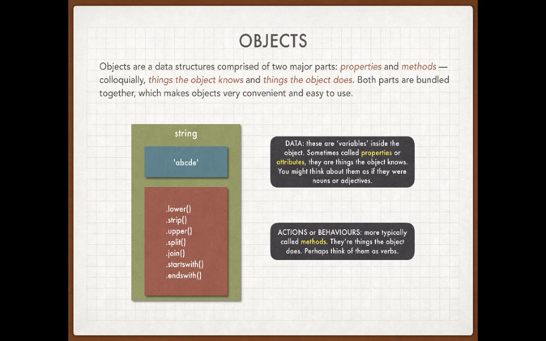If we want to stick with that grammatical metaphor, and who doesn't? These are really kind of like nouns and adjectives, right? Like, what is the nounness of this string? Well, it's that sequence of characters A, B, C, D, E, right? But those actions or behaviors are more like verbs because they're things that happen or questions that are asked and answered. Behaviors that are undertaken.